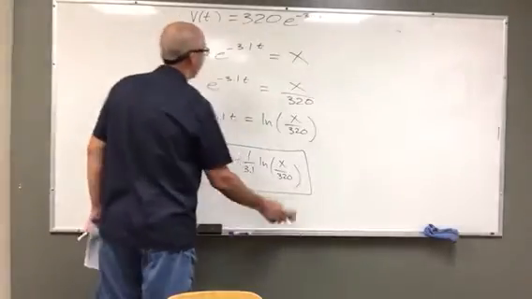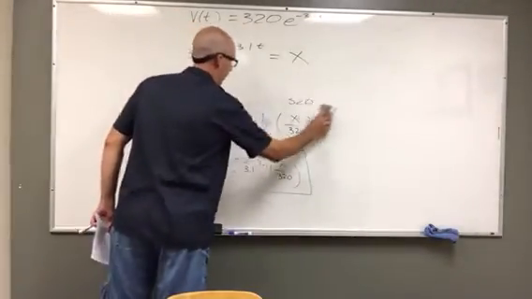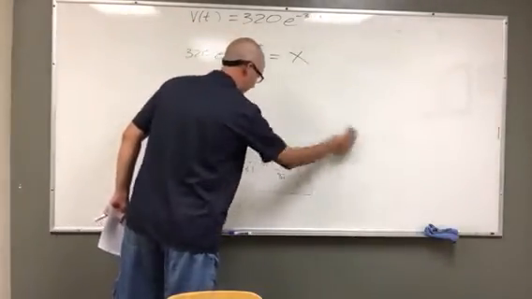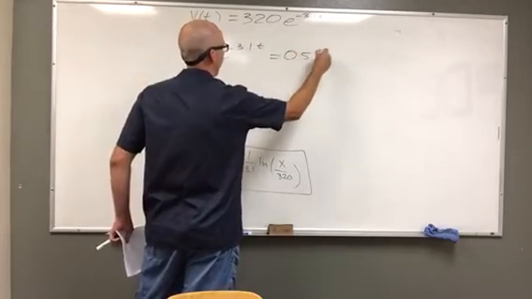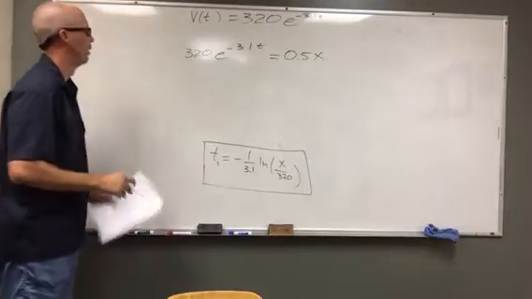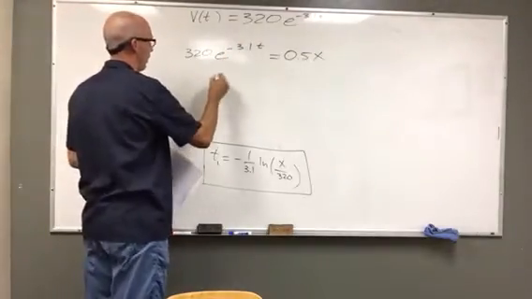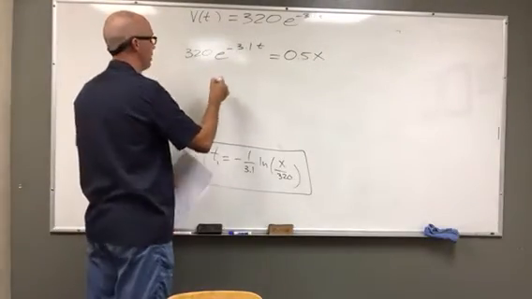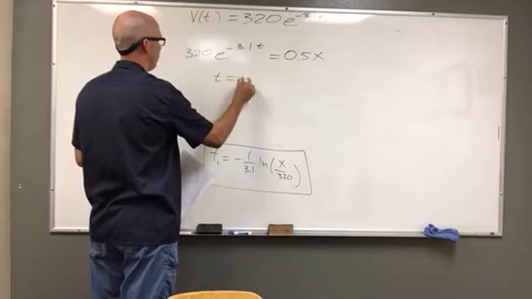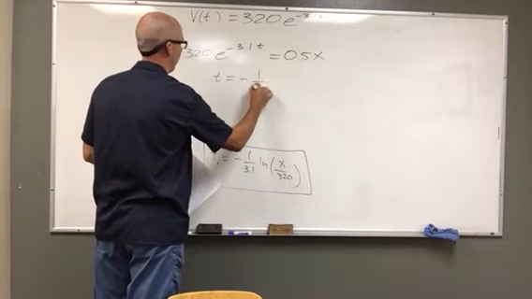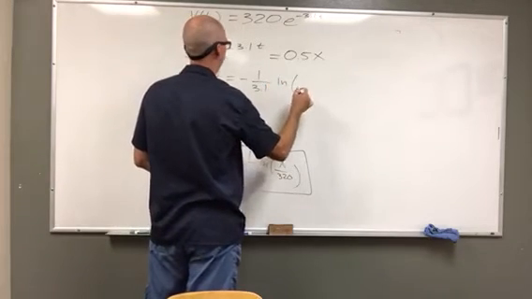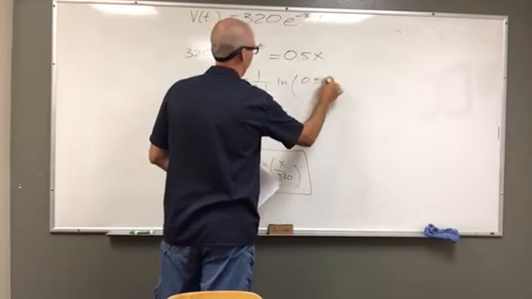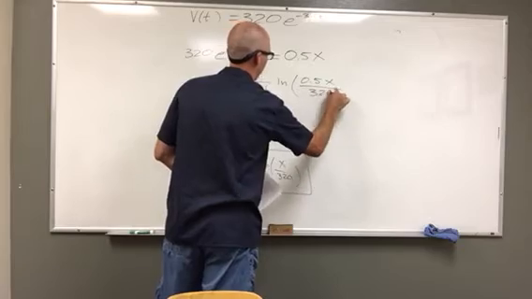Okay, and now same thing, but we'll set it equal to 0.5x. Okay, solving for t again through similar calculations, we find that t is equal to negative 1 over 3.1 ln 0.5x over 320.